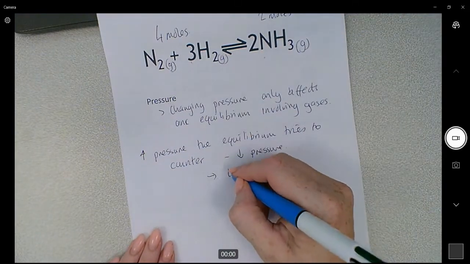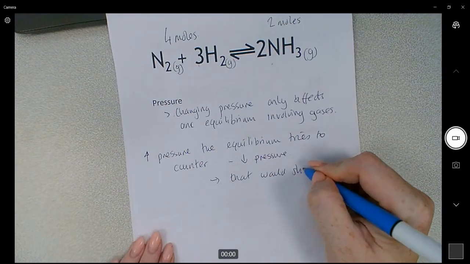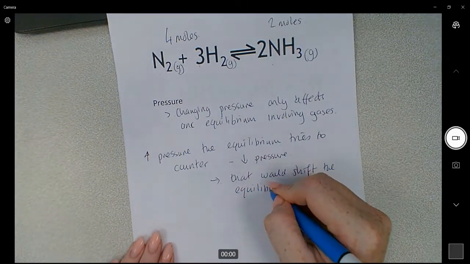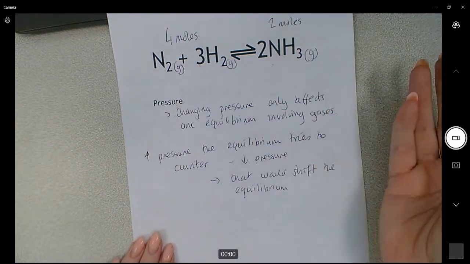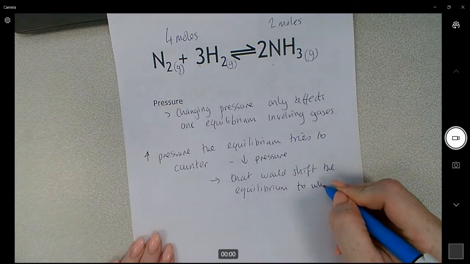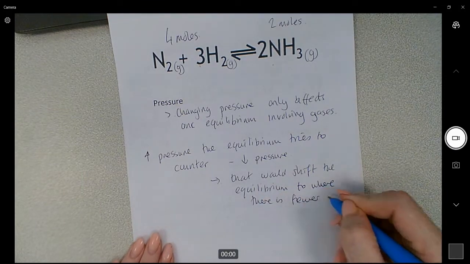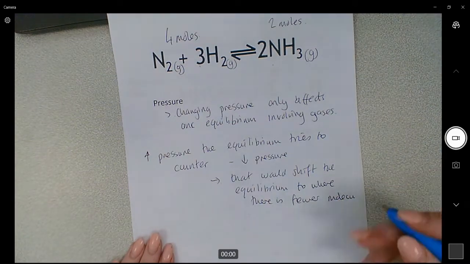Okay, so that would shift the equilibrium to where there's fewer molecules of gas. Okay, and that's where Le Chatelier's principle comes in.